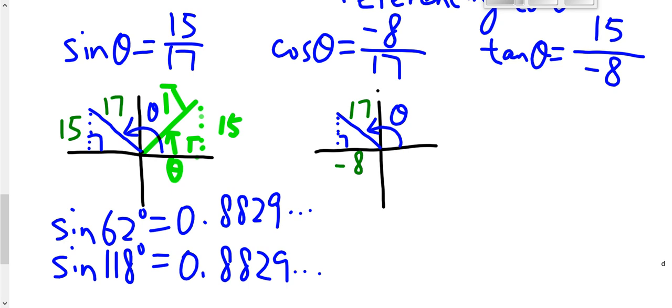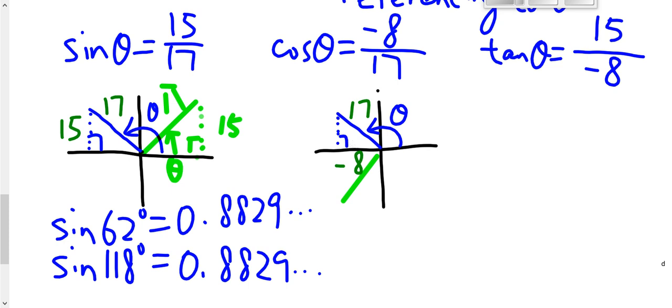However, just like the last one for sine, we can have more than one way to draw this. You can use the same set of information to draw the exact same triangle in a different quadrant. So if our adjacent is -8, we can also draw a triangle like this. This is still the adjacent.